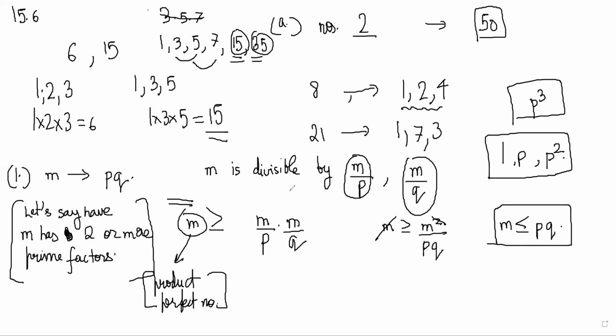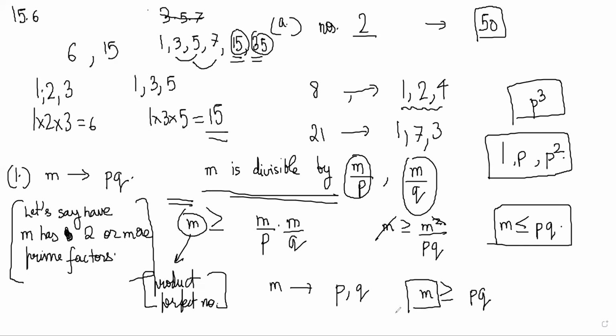Yeah. But we can do the opposite also. M is divisible clearly by P and Q, right? Yeah. So M must be greater than or equal to PQ, no? If M is a product perfect number. You understand? If M is a product perfect number, it is the product of all its divisors, right?